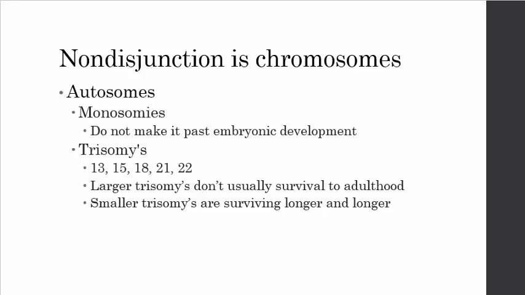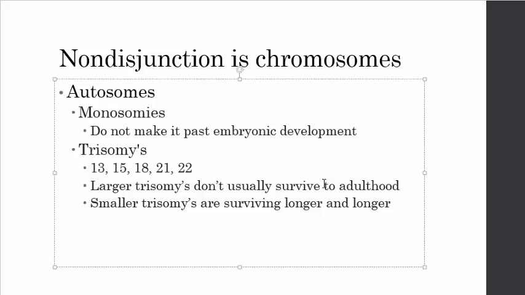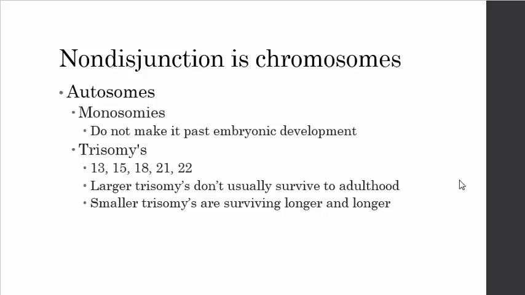When I say the larger trisomies, you have to remember that trisomy 13 and 15 are larger trisomies than 21 and 22 because 13 and 15 are the larger chromosomes. Smaller trisomies, however, are surviving longer and longer. Trisomy 21 is the one that we hear about most often. That's Down syndrome. We're doing a better job at addressing the potential healthcare issues in these individuals when they're very, very young, and it's giving them better outcomes on life.